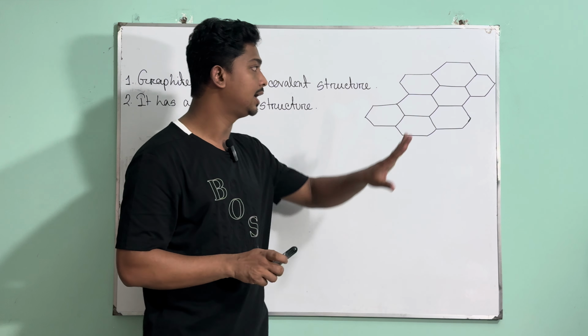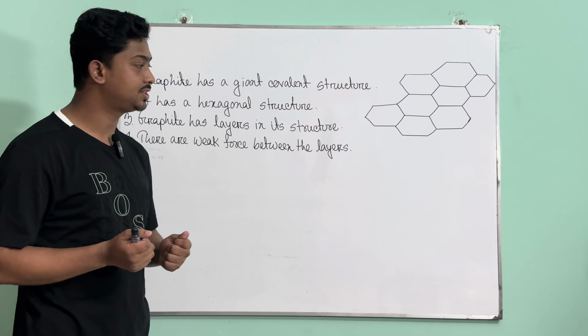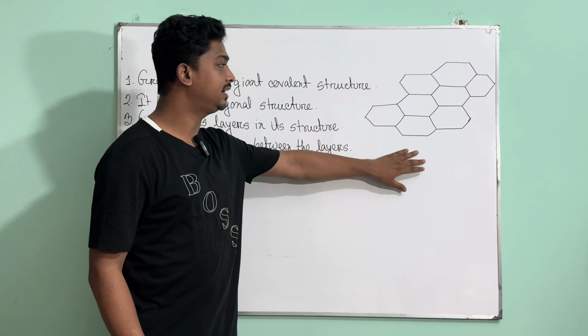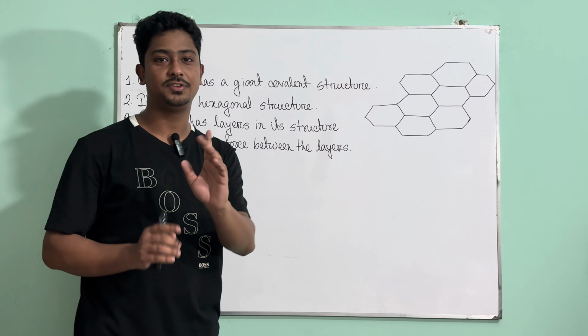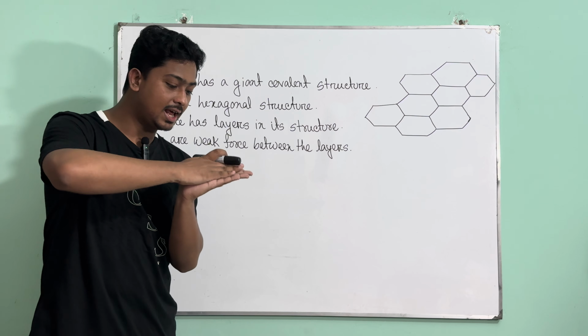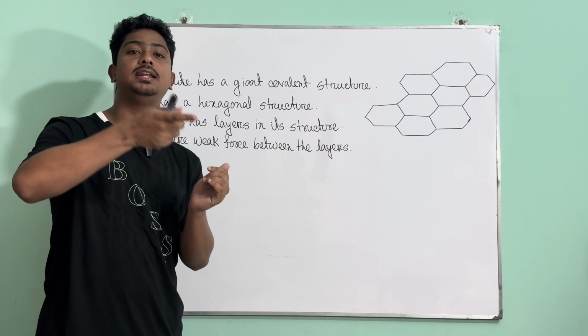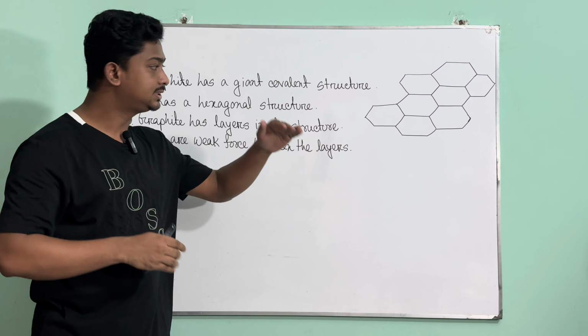Now let's see what more we can get from the structure. Now let's discuss the next 2 points. What we're seeing here is just one layer of the graphite, and in graphite actually there are many layers. Layers means one layer is on top of another one, there's another layer on top of that one, just like that.